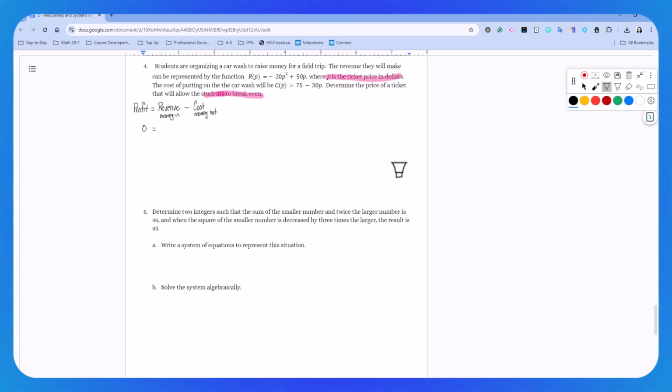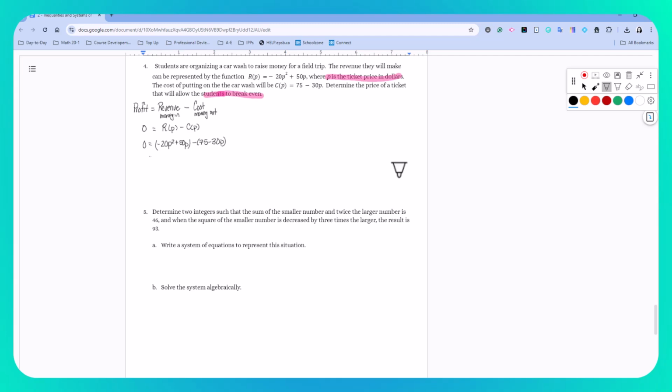So in this case, with the formulas that we have, we can say that 0 equals R of p minus C of p. Now there are several ways to tackle this. We can actually go ahead and put in our R of p and then subtract the C of p, so the cost.